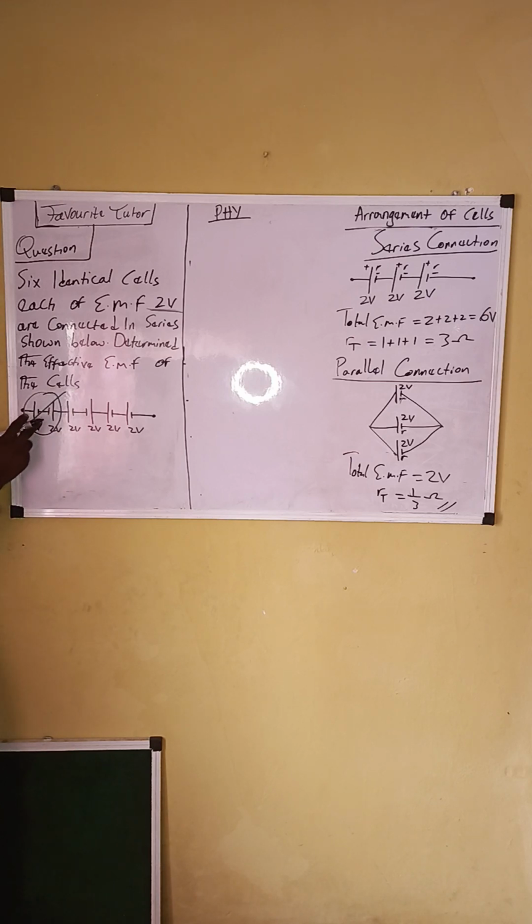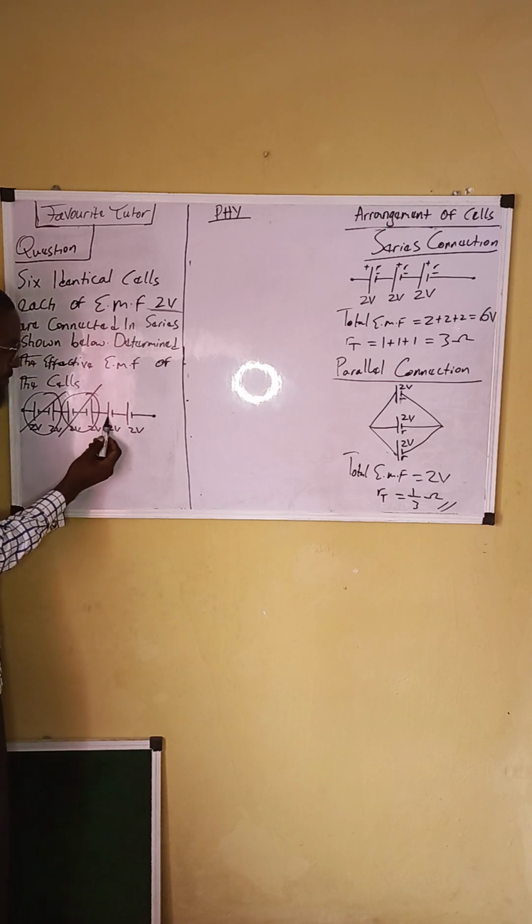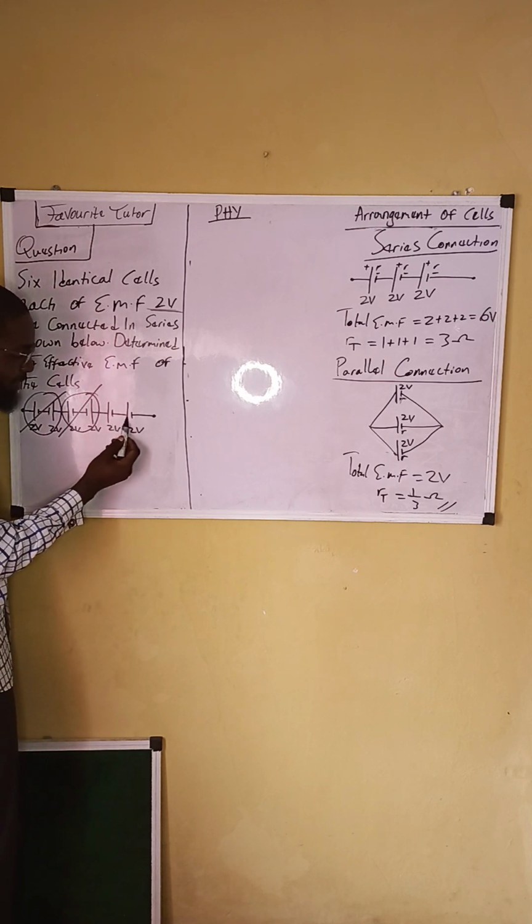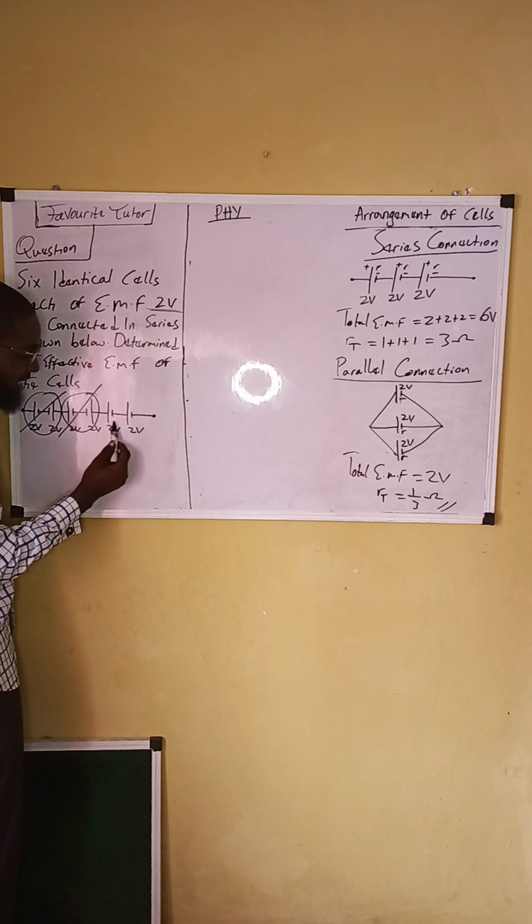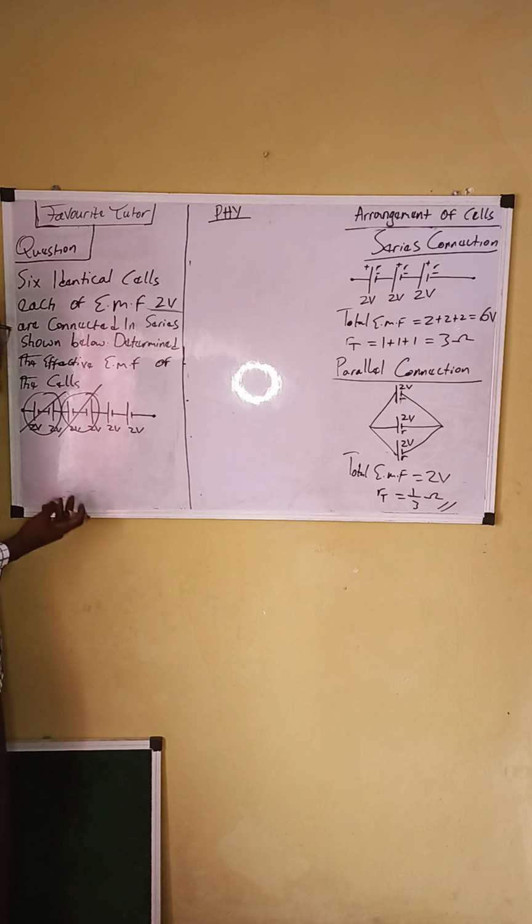It's going to obstruct the flow of our charges. Positive terminal, negative terminal again, negative. So it obstructs the flow of charges, so there will be no flow of charges. Okay. We have positive terminal, positive terminal, negative terminal. So we have 2 cells that are working in the circuit.